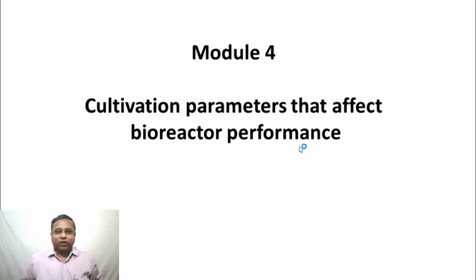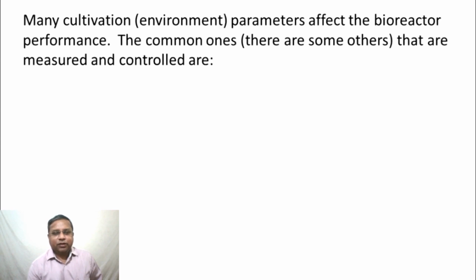In module 3, we looked at the analysis of the common modes of operation, so that that would be useful for some design decisions. In this module, module 4, we would look at the cultivation parameters that affect bioreactor performance. The cultivation parameters are also called the bioreactor environment parameters.